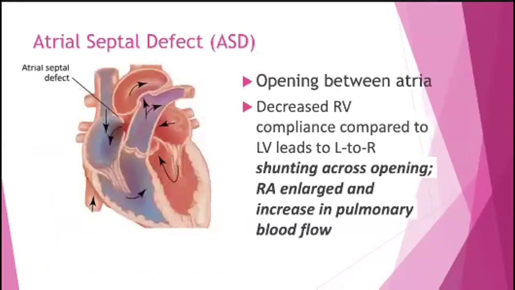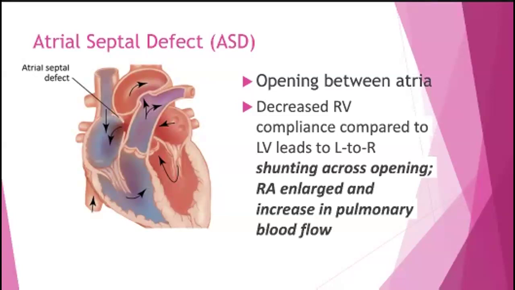So starting with our atrial septal defect, this is that opening between the two atria, the wall between the right and left atrium, or the upper chambers of your heart. This allows blood to flow from the higher pressure of the left atrium into the lower pressure of the right. That's that left to right shunt.